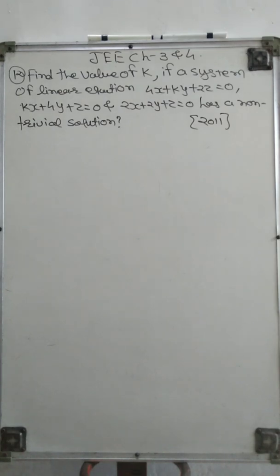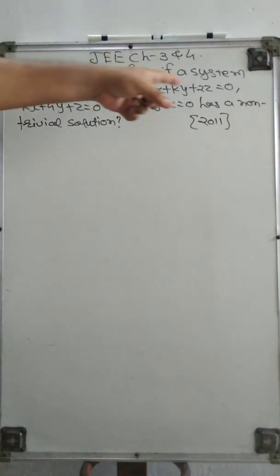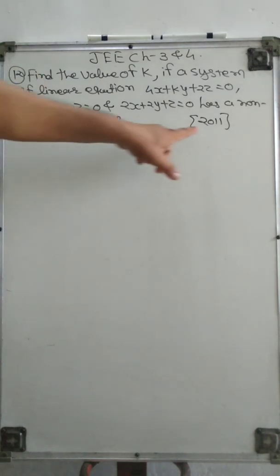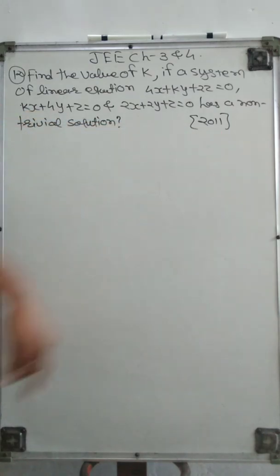12th. Find the value of k if the system of linear equations 4x plus ky plus 2z equal to 0, kx plus 4y plus z equal to 0 and 2x plus 2y plus z equal to 0 has a non-trivial solution. If there is a non-trivial solution, then D is equal to 0. This sum was asked in JEE 2011 and the previous one was asked in 2010.